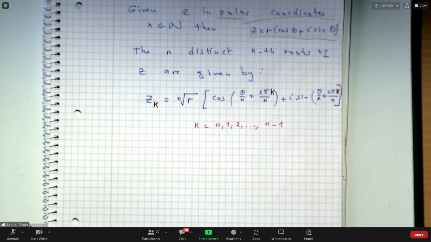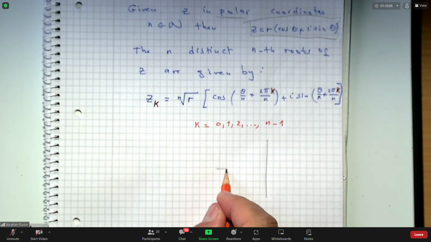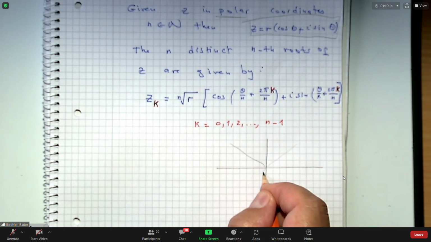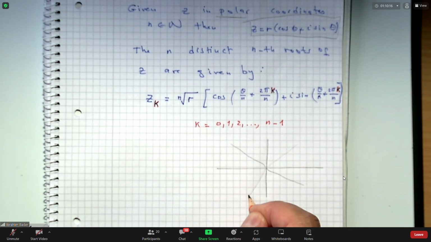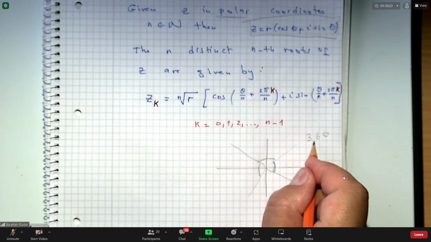I want to tell you some very nice phenomena of that. Now, if I have the roots and I'm plotting the roots on the XY plane, then the angle between the roots is exactly 360 divided by n.